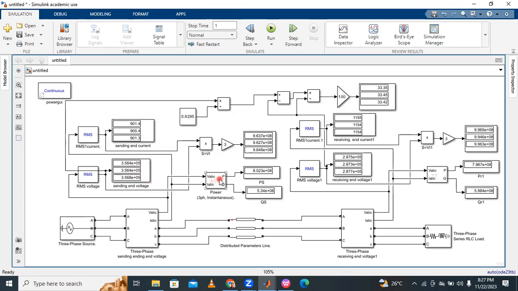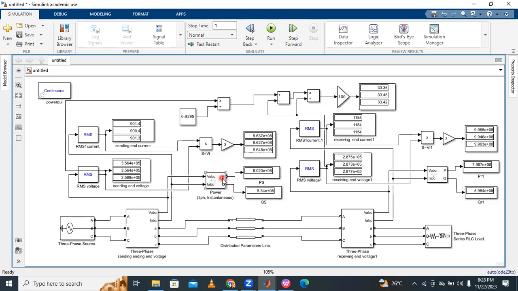The next, sending end power, is 8.023 into 10 to the power of 8, that is approximately 800 megawatts of active power. The reactive power is 5.34 into 10 to the power of 8, the sending end side reactive power.